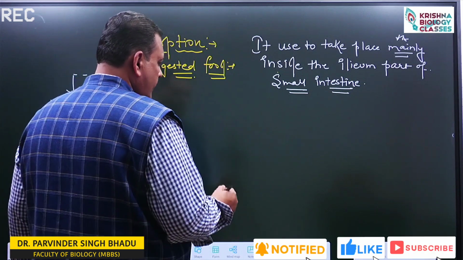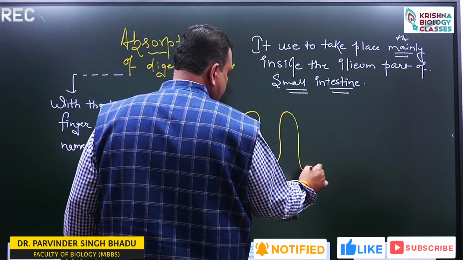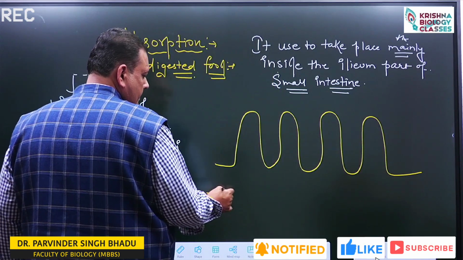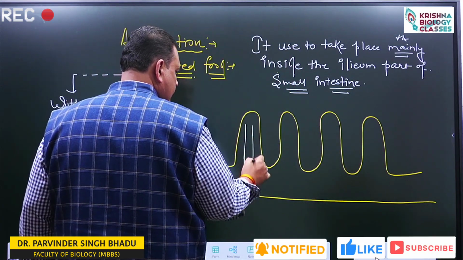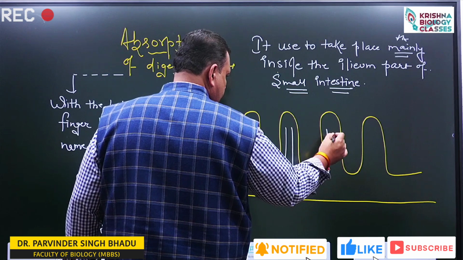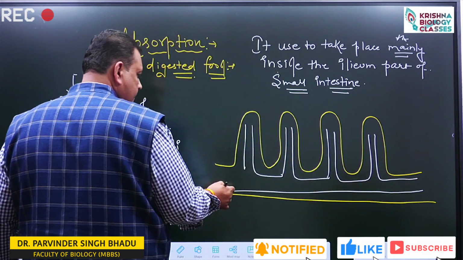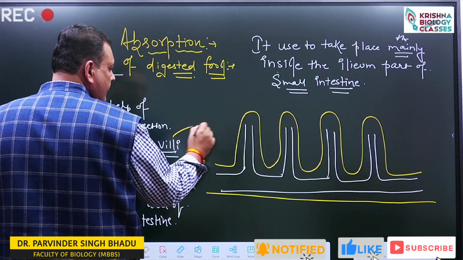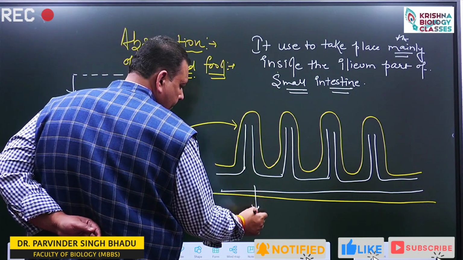So these are finger-like projections named as microvilli. Inside, blood vessels are present.